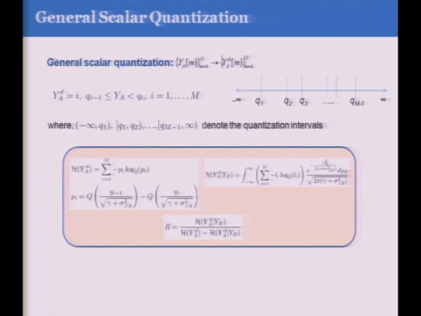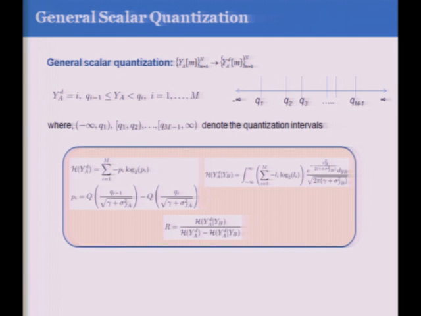So this was all for the simple two-level quantization scheme. Let's now go to a more general case, which is general scalar quantization, where you choose some m levels and some quantization levels q1 to qm minus 1.